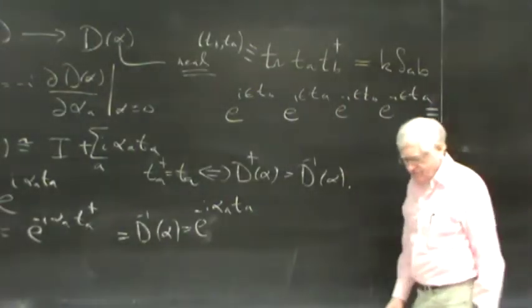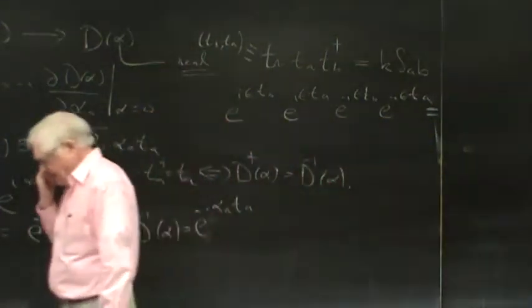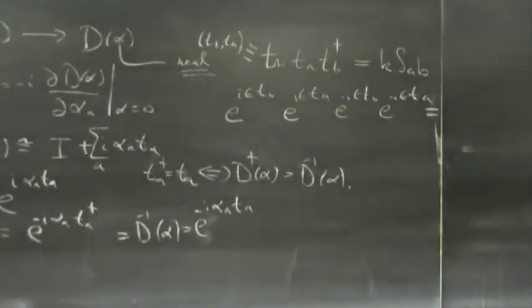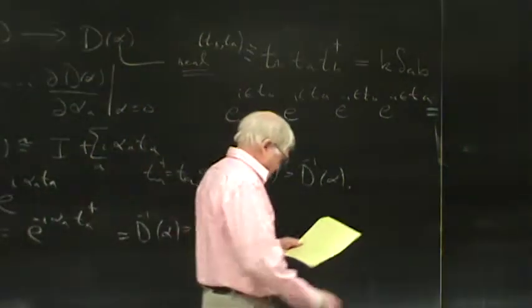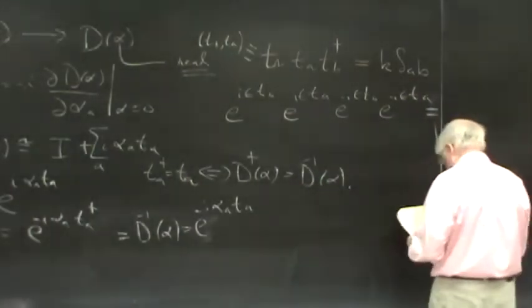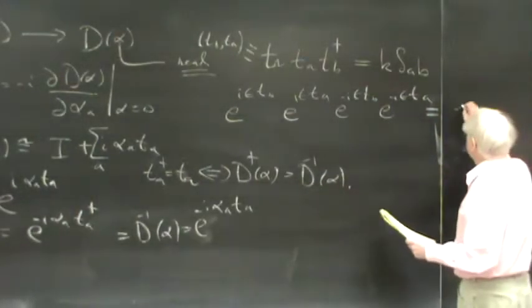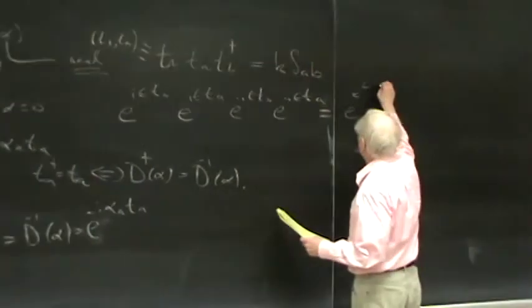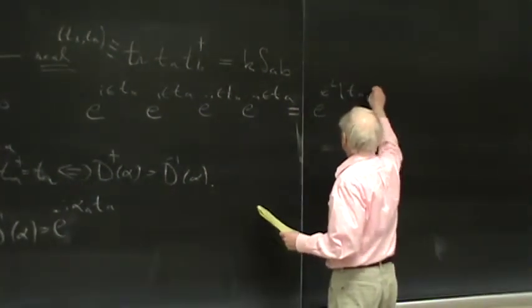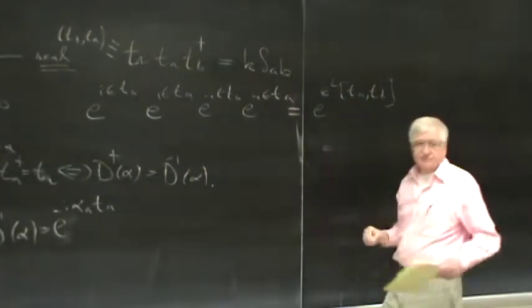Now, if you expand these up to powers of epsilon squared, multiply them together, cancel everything, after 3 or 4 hours you find that, in fact, this is the same thing as e to the epsilon squared times the commutator of t_a with t_b.